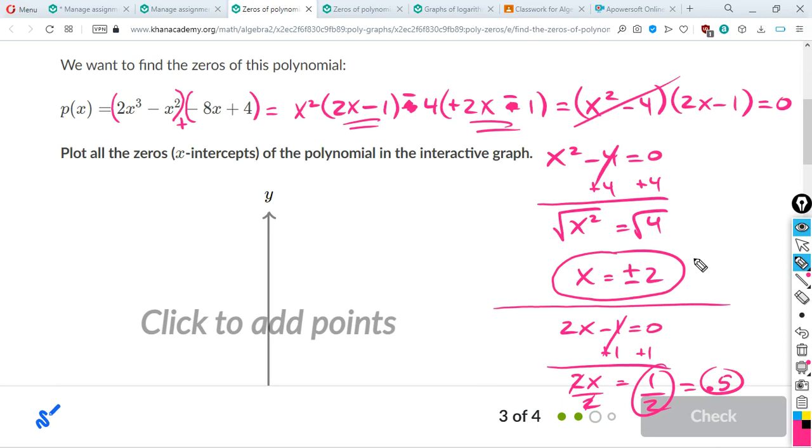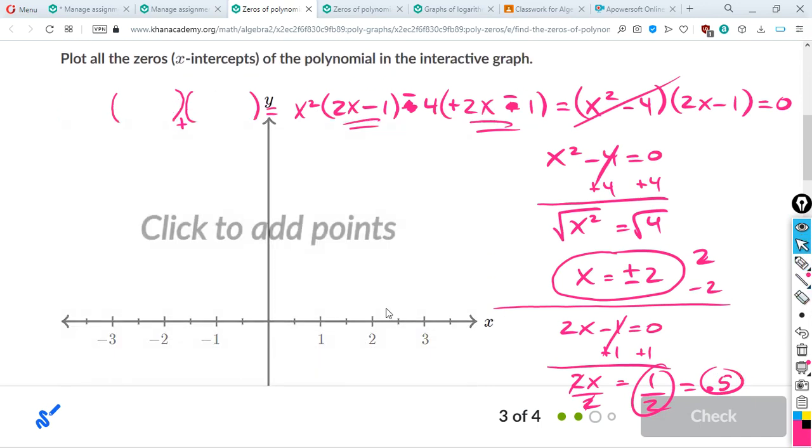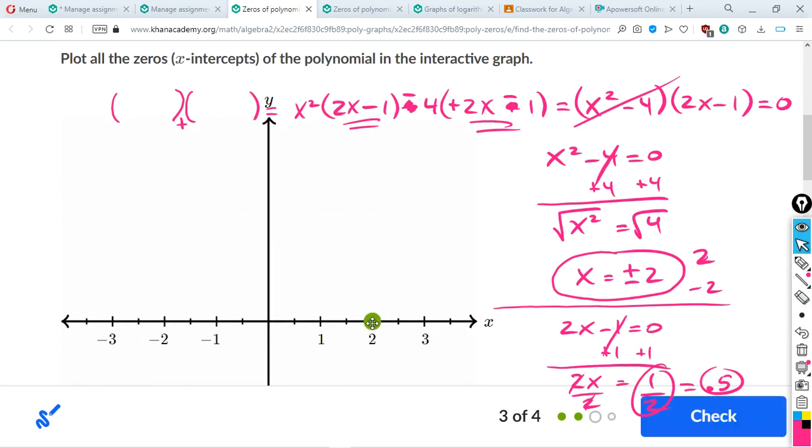So we have positive 2, negative 2, and 0.5. Okay, you go to your x-axis, positive 2, negative 2, and 0.5, or 1/2. All right, so that's basically it.